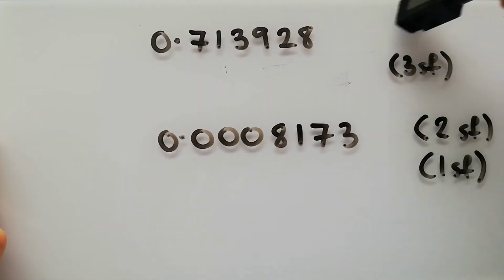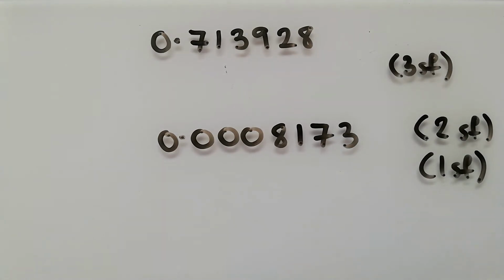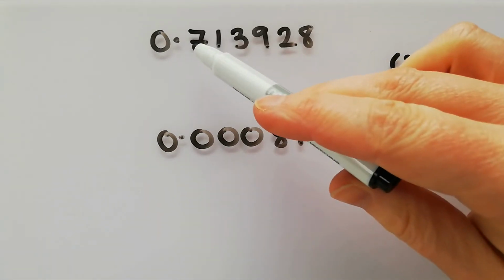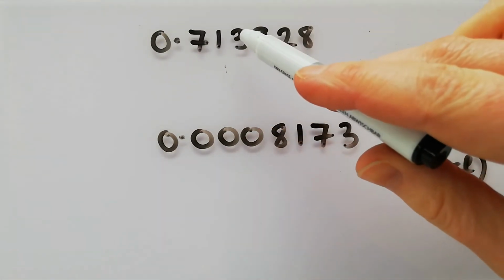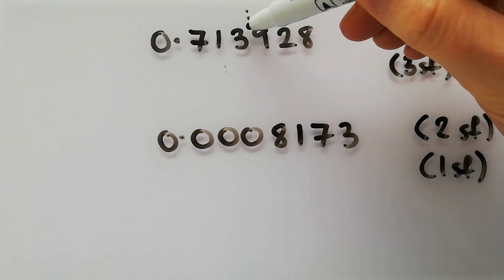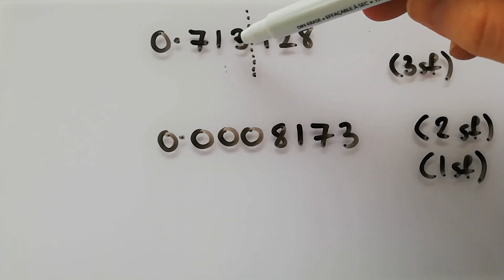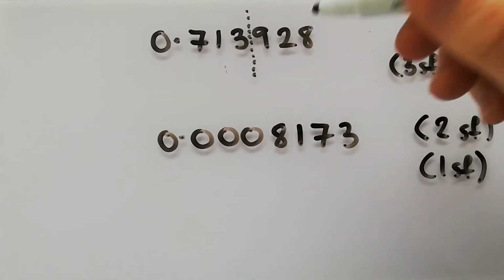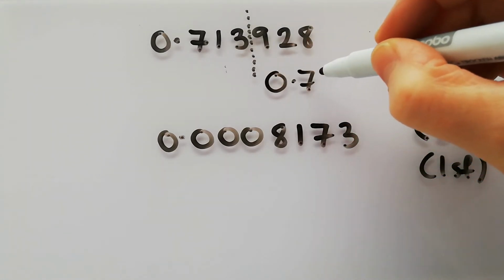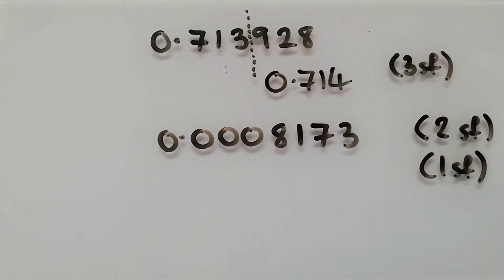If I wanted it to 3 significant figures, that's my first, that's my second, that's my third, so I'd make a cut there after the third one. And because 9 is bigger than 5, I do have to kick the 3 up 1 to become a 4, so the answer is 0.714 to 3 significant figures.